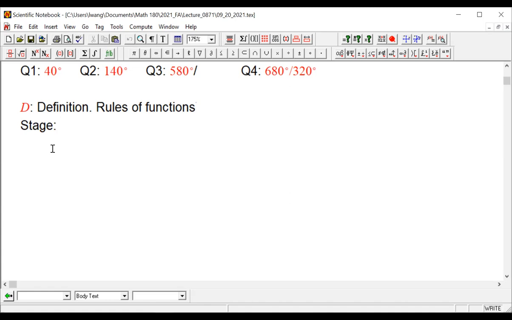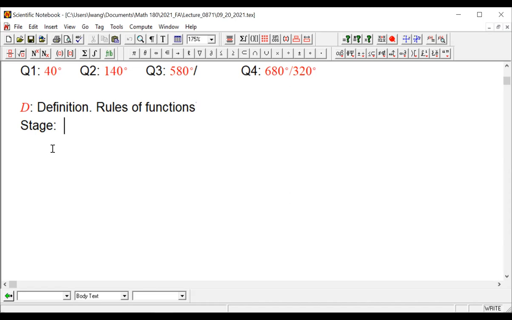You can see the rule of function is getting more and more complicated from the first one in basic one until now. Now we start to talk about the rule of functions: sine, cosine, tangent, cotangent, secant, cosecant.